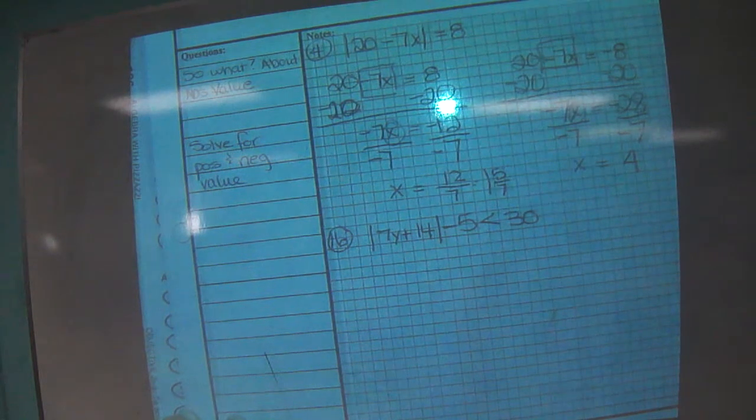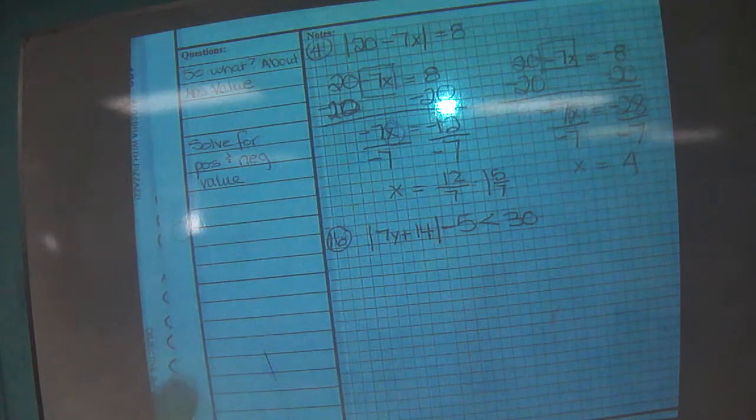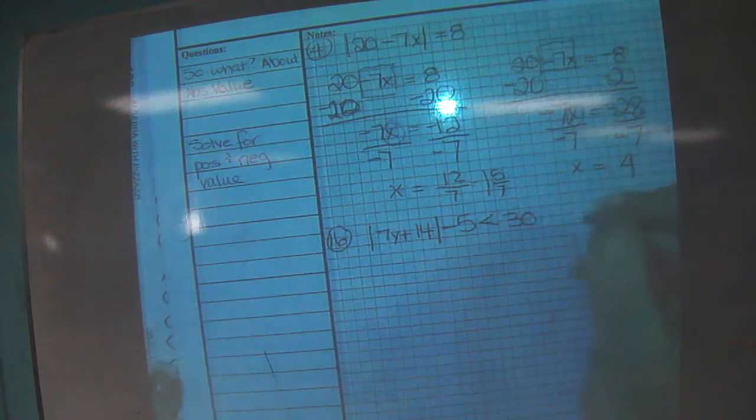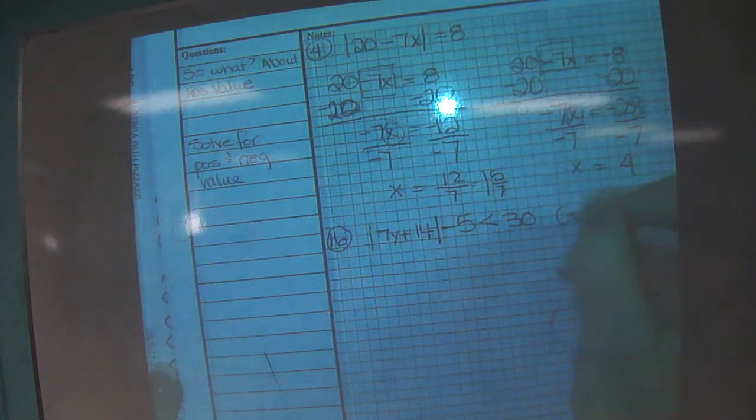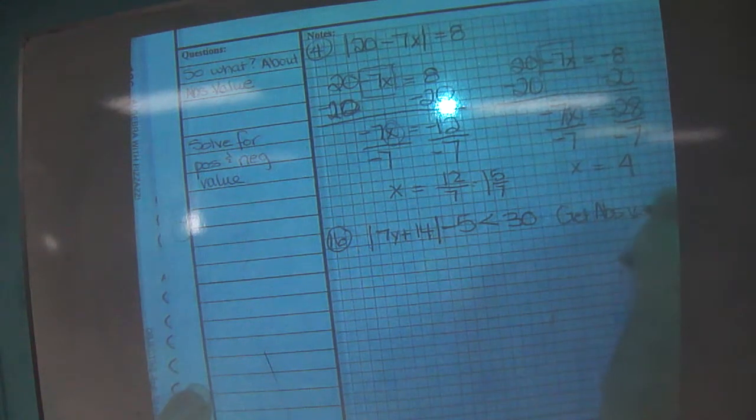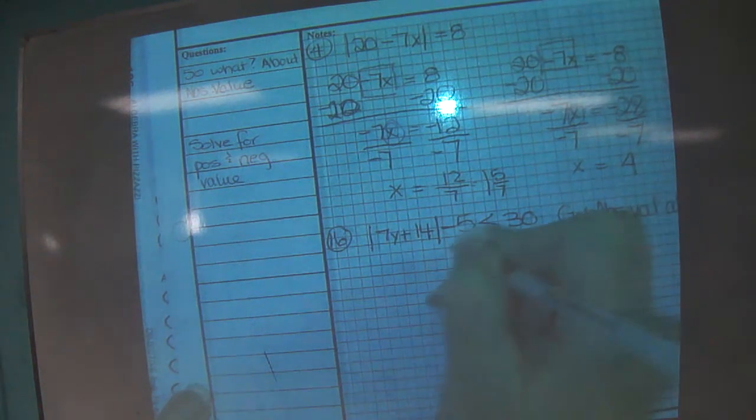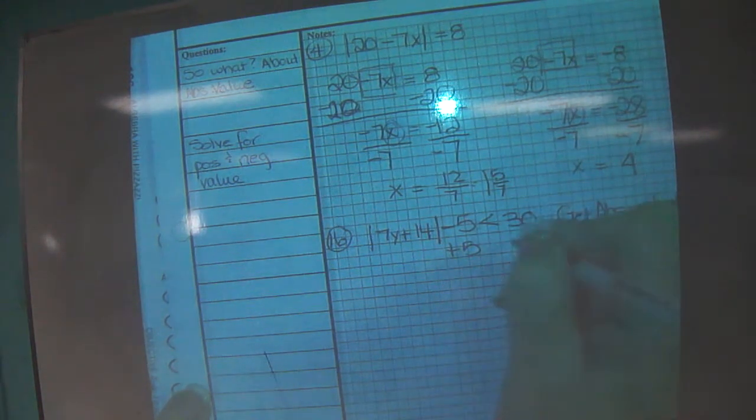Remember how I said get the absolute value alone on one side of the equation. So first get the absolute value alone. We're going to add 5 to both sides.